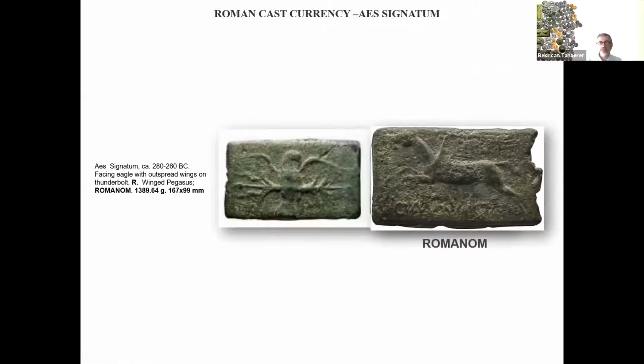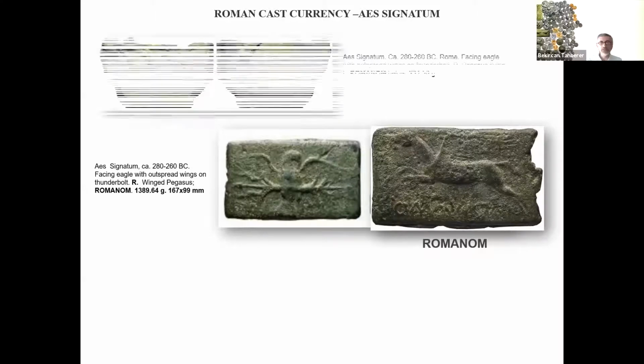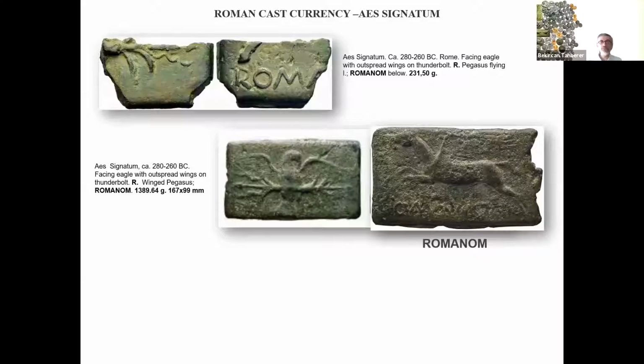And here is a better one. This is from the British Museum website. And this one we can simply attribute to the Roman mint. Then we have a fragment of the same type. So this one is around 1 kilo 400 grams, and this one is 231 grams.